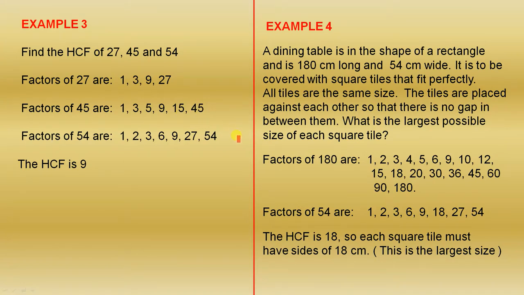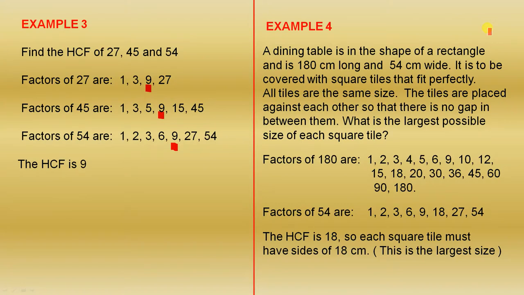And the factors of 54, there are 7 of them. So all these numbers here, they divide into 54 evenly. The HCF is 9. See here we have a 9, 9, 9. That's the highest number which appears in each of those three lists.